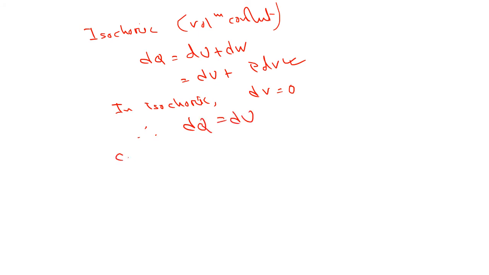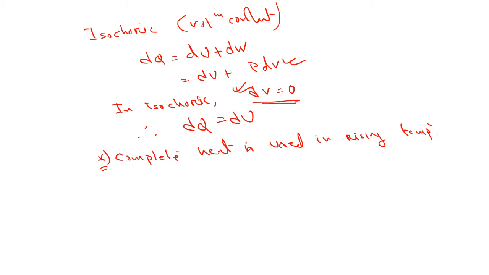That means complete heat is used in raising the temperature. Whatever heat we apply is just used to raise the temperature, but we are not getting any work in our isochoric process. This point is important. Complete heat is used in raising the temperature, because to get some work done we need some change in volume. But in the isochoric process there is no change in volume, so we are not getting any work done.